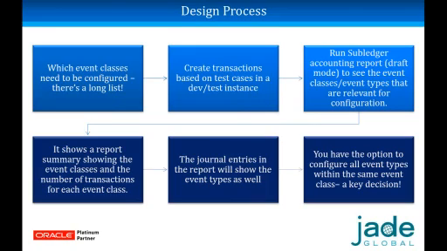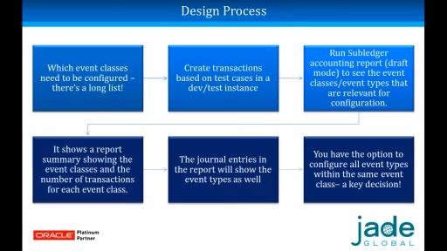There's actually a long list because it was a challenge to pinpoint specifically the event classes or event types that need configuration. We created all possible transactions in the development or test instance. Then we ran the Subledger Accounting report in draft mode in order to see the event classes and event types that are relevant for configuration.